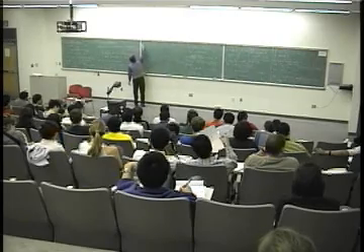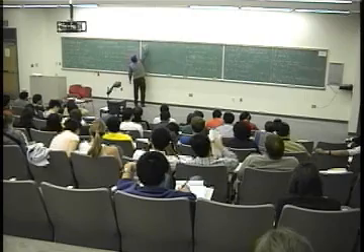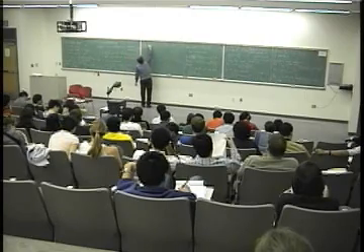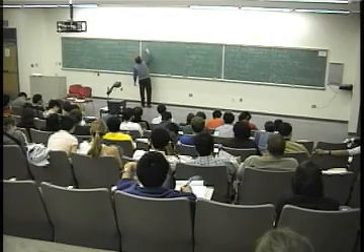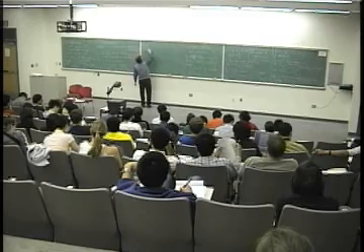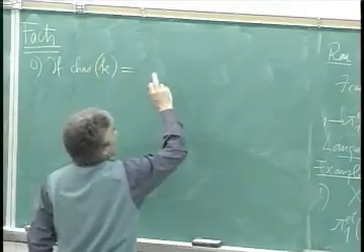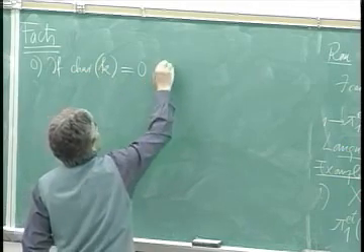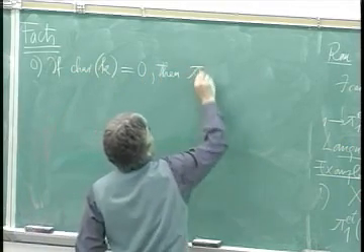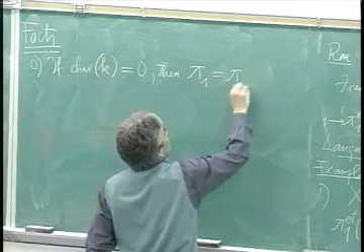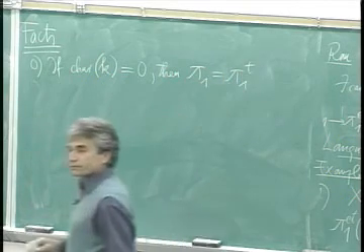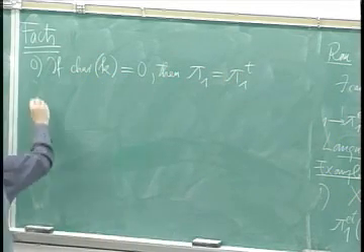So facts maybe. So 0: if the characteristic of k, now I switch from large K to little k, is 0, then pi 1 equals pi 1 tame. Yeah, so there are no differences between these.